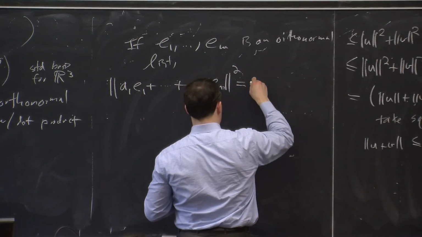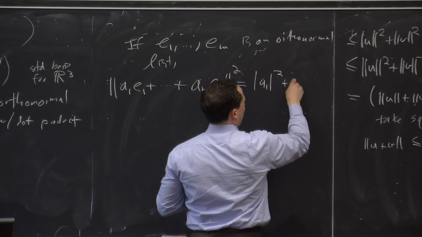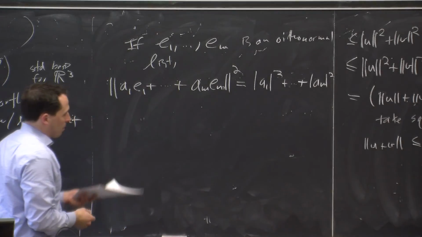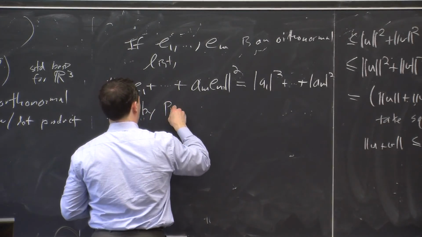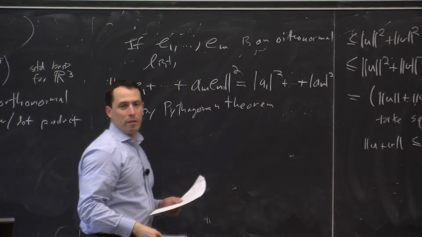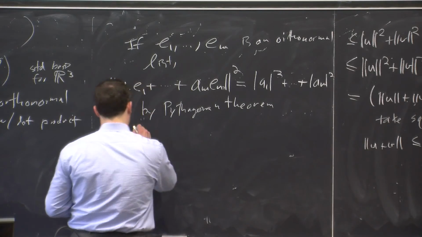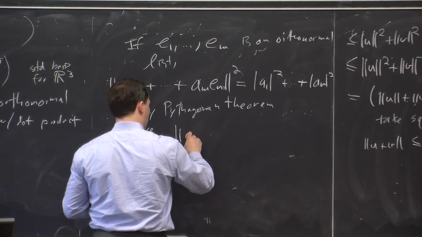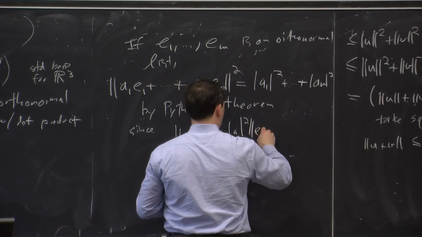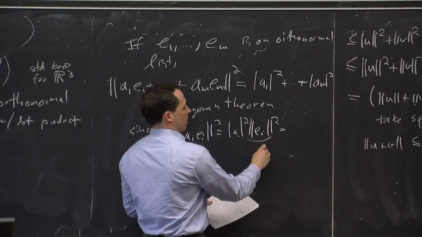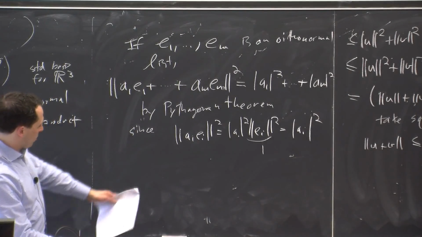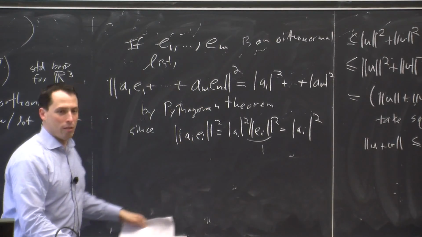So the squared norm is just the sum of the absolute value of a1 squared, all the way up to the absolute value of am squared. That's by the Pythagorean theorem, applied repeatedly, extended to the multivariate case. Since the norm of any of these individual ai ei squared is equal to ai squared times the norm of ei squared, and this norm is 1, that's what we had in the Pythagorean theorem, and then we have a sum of all of these things, and these vectors are all orthogonal to each other.